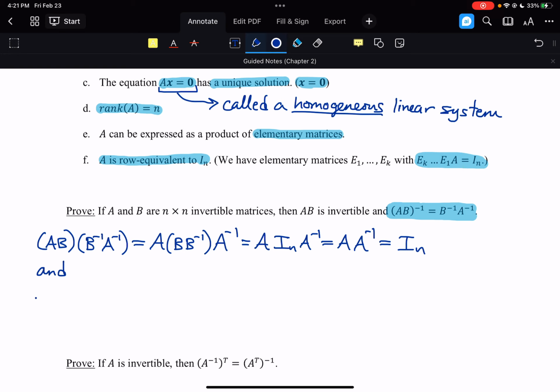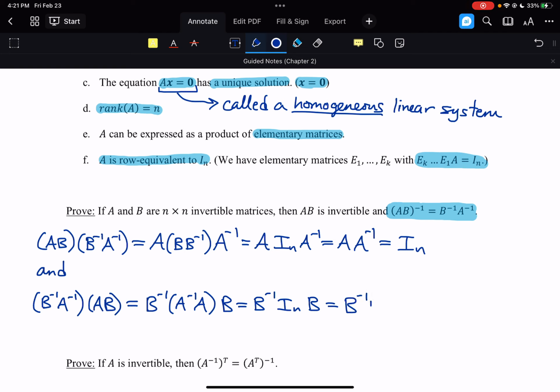And if we go about it from the other direction, so we switch the order of multiplication, we can see a similar process unfolding here, but we get A inverse times A, which yields the identity, which gives us B inverse times B, which also yields the identity. So AB times B inverse A inverse is the identity matrix, and B inverse A inverse times AB is the identity matrix.